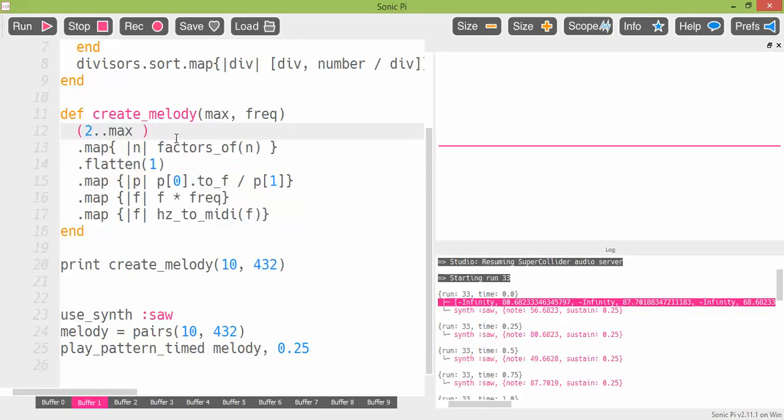The way we get those ratios is by looking at a bunch of low integers, like 2, 3, up through something relatively small, and taking all the combinations of simple integers present as factors of these numbers. So we get a big soup of simple integer ratios, and then multiply them by the original frequency that was passed in.